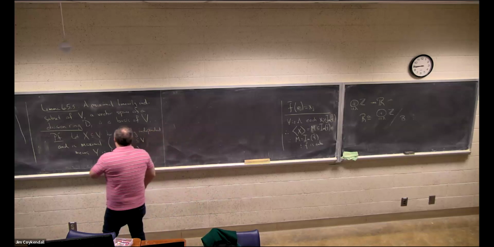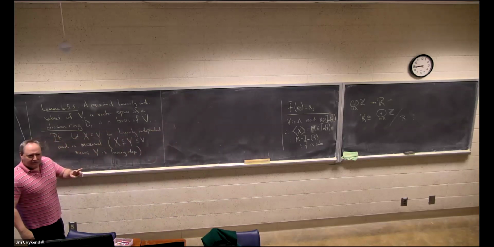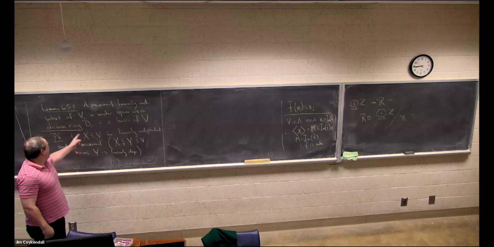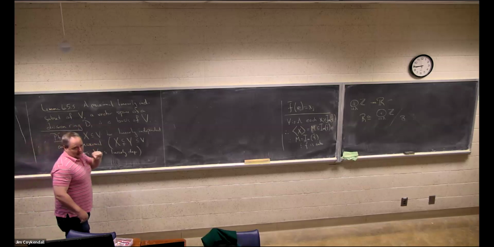So what do I need for this set X to be a basis? I need two things: to be linearly independent. Lucky me, no problem there, it's already linearly independent. And I need it to span.